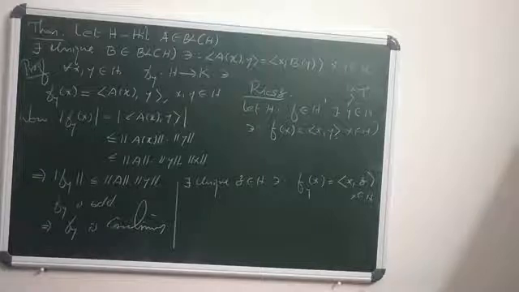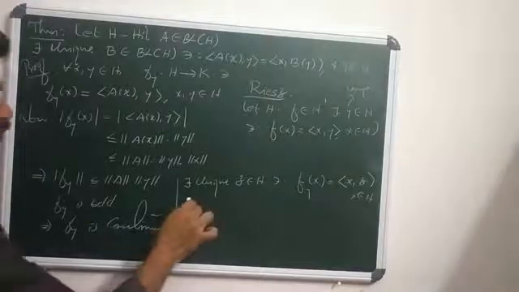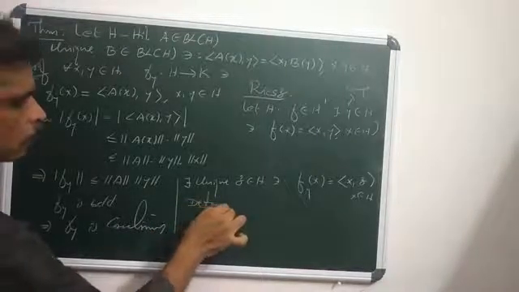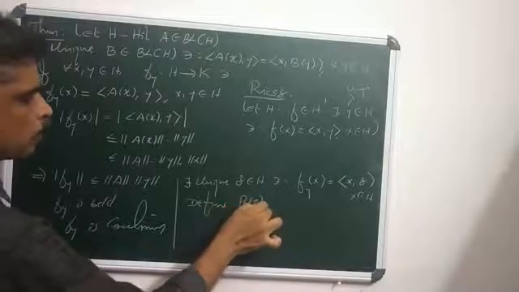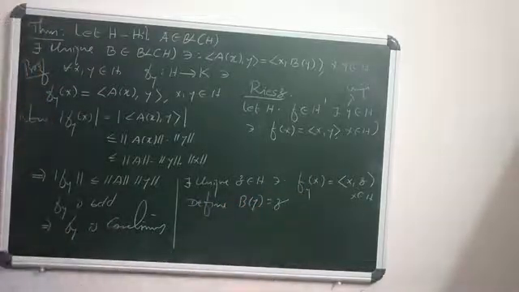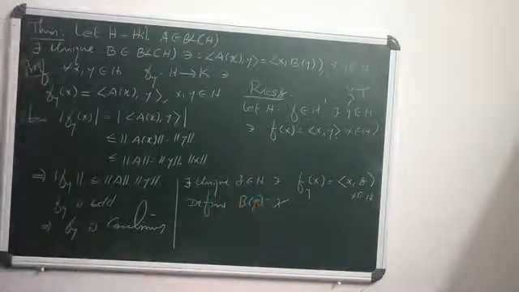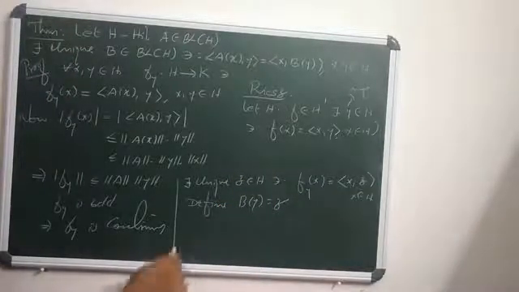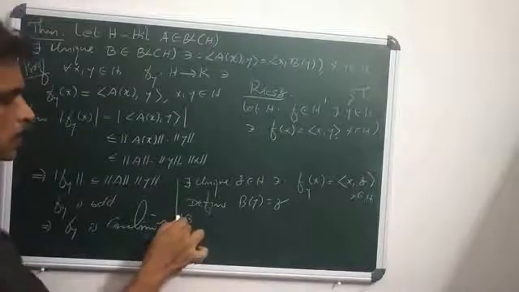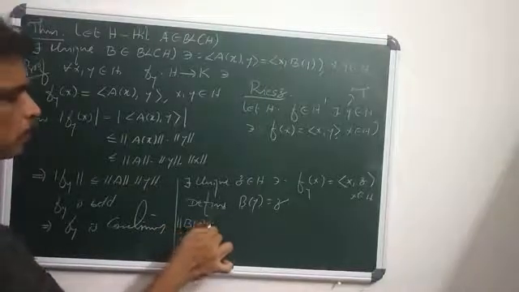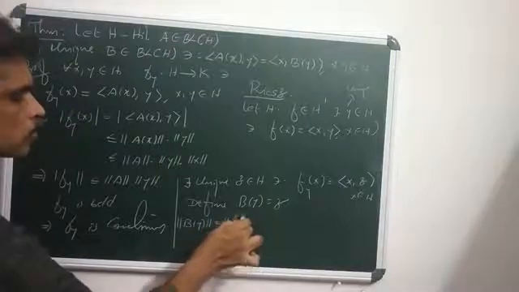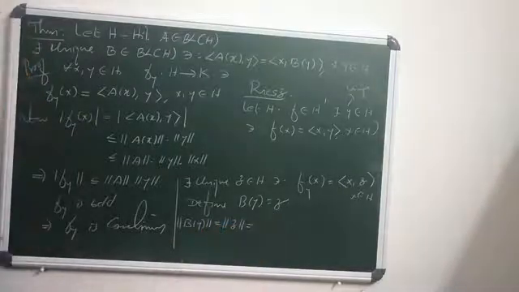Agreed? So now define B of y equals z. Since z is the representative of Fy, B is an operator on H. Then the norm of By equals the norm of z.